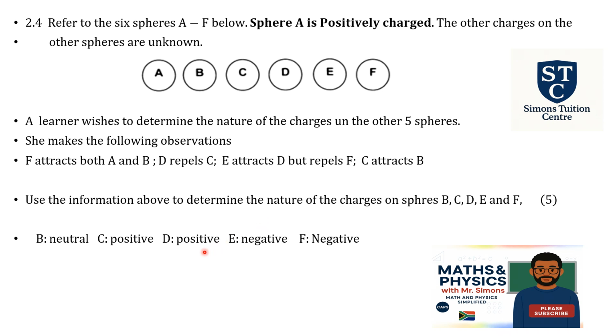So therefore T is positive. T repels C, so T to repel C, they must be like charges. So if T is positive, then C is positive. Right? C attracts B, so therefore B in this case is a neutral charge. Alright? Hope it makes sense.